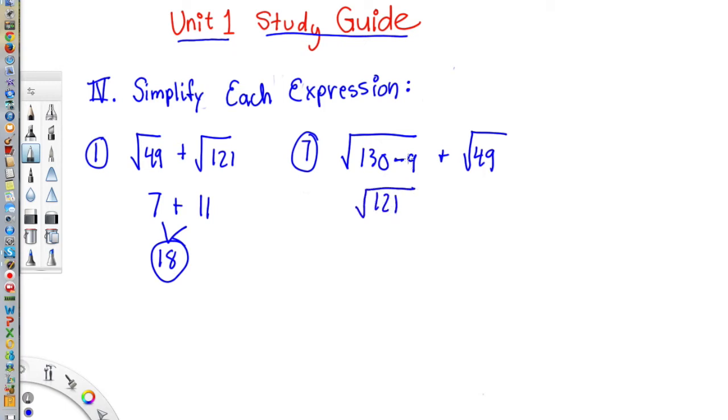Okay, now somebody might be saying, I thought we're supposed to do the radical first, not subtraction. Well, we are doing the radical first, but inside the radical we have a subtraction problem, so we have to solve that. Okay, now we can begin to solve the radicals. The square root of 121, which is 11. The square root of 49 is 7. We add these two together, we get 18.